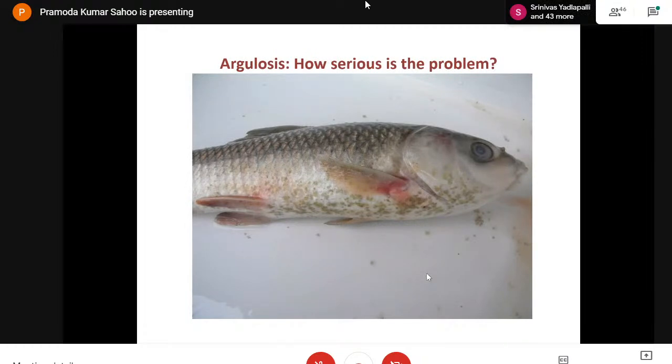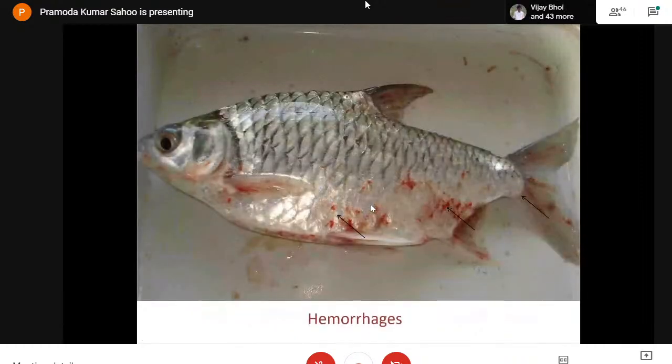At the initial stage you may find focal hemorrhages at the base of the fins or on the body surface. There will be mild hemorrhages even though the parasite number is too high, and the type of lesions will vary from species to species.